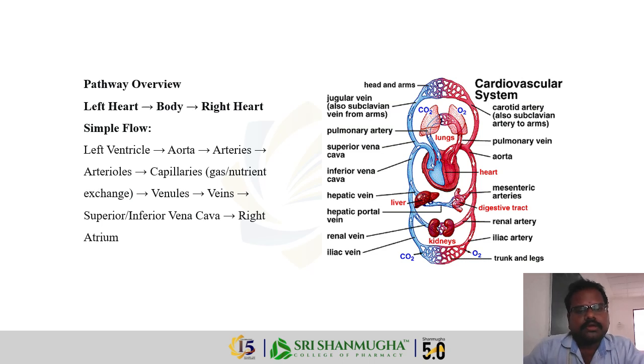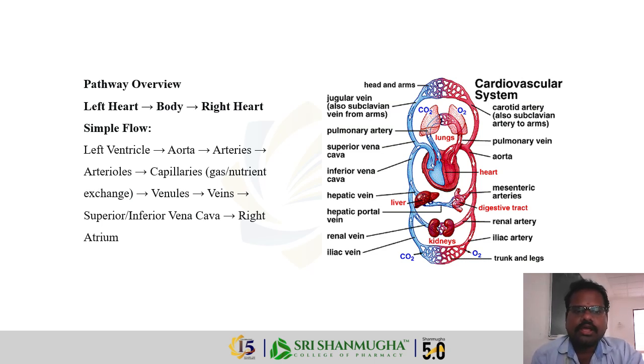Going into the topic, this is the overall pathway. The initiation of the blood flow starts from the left heart: left heart to the body to the right heart. A heart is composed of four chambers. First the blood from the left ventricle flows into the aorta. That is the oxygenated blood from the left ventricle going into the aorta.